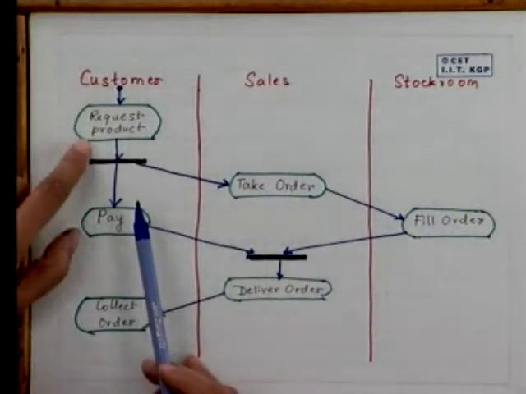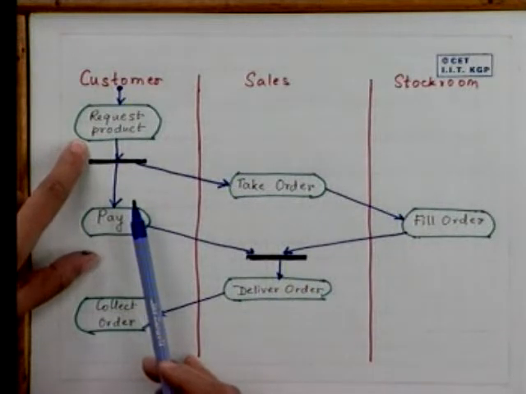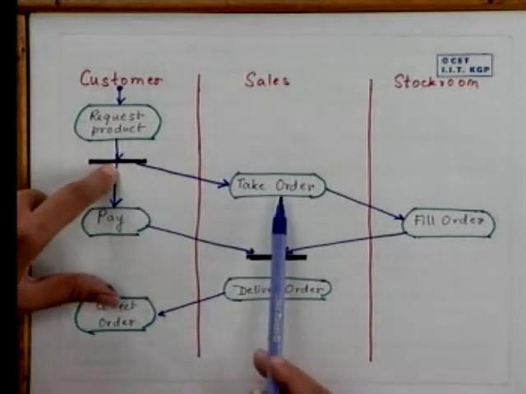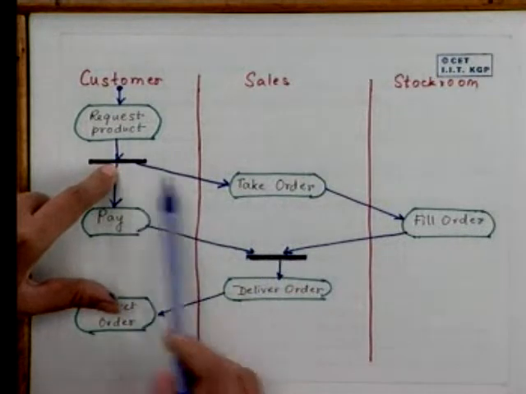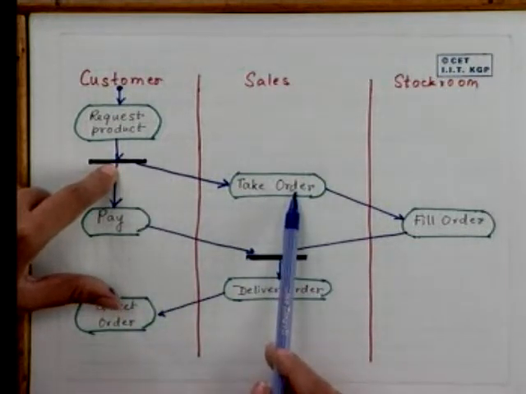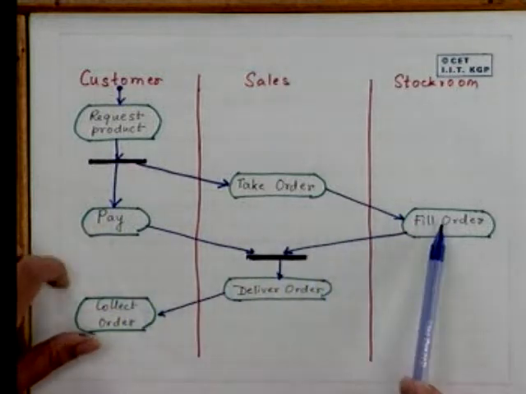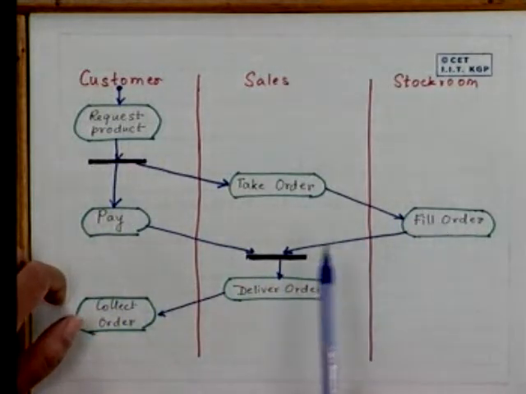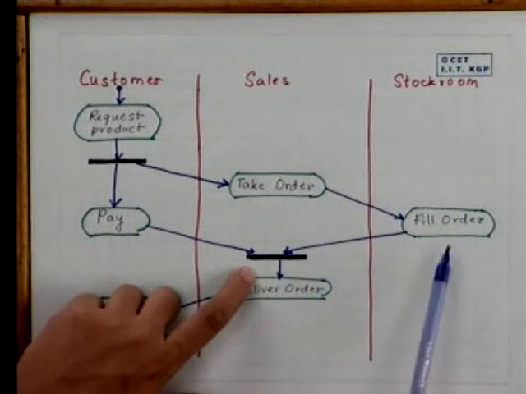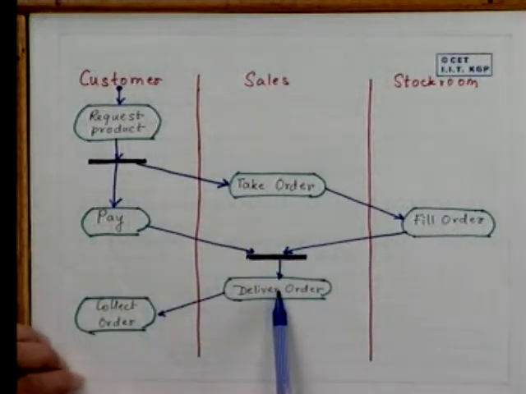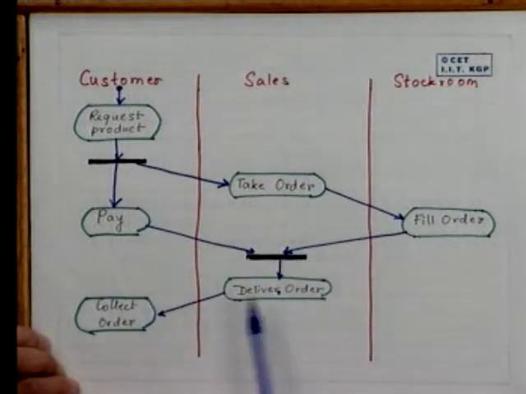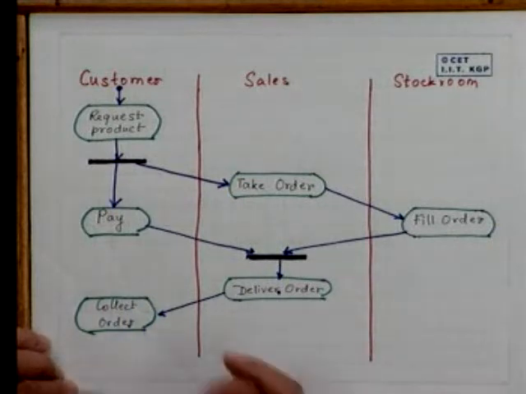In customer, there's an activity state request product followed by a fork, and in sales, the take order activity takes place, and pay is done by the customer. And fill order is done in the stock room, and there's a join here from pay and fill order, followed by deliver order which takes place in sales, and collect order takes place in the customer.